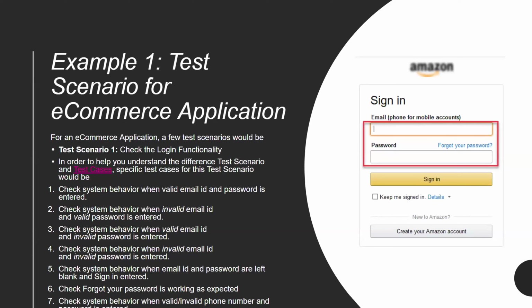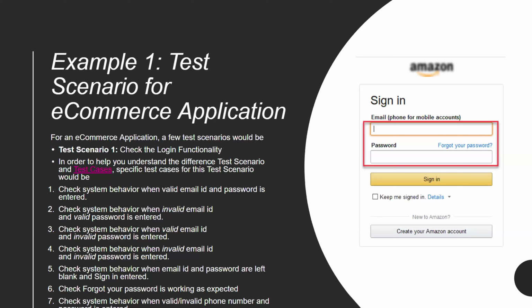All right. So, for example, using the Amazon signing page. For the test scenario, of course, we know Amazon is an e-commerce application. This is where you purchase goods, add to your cart, and then log out. It's basically for buying and selling, known as e-commerce.